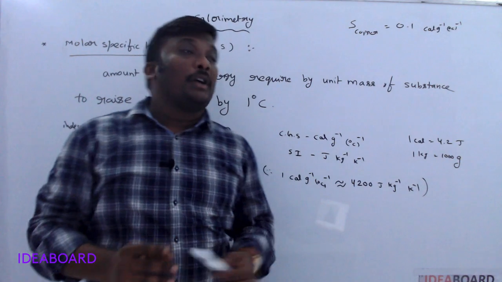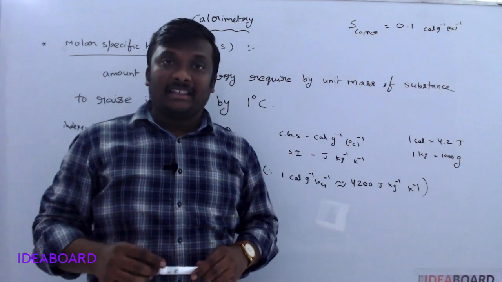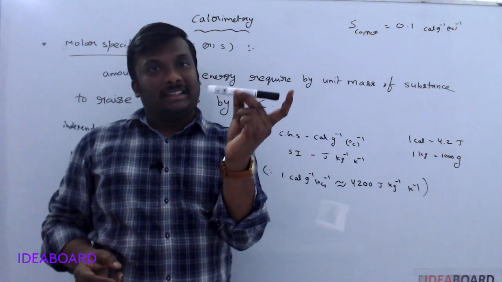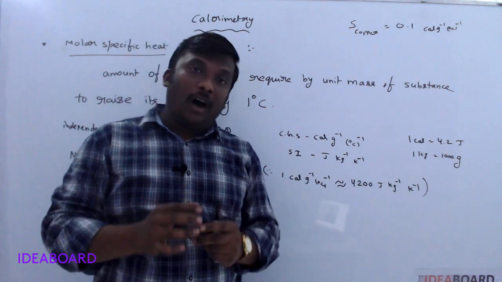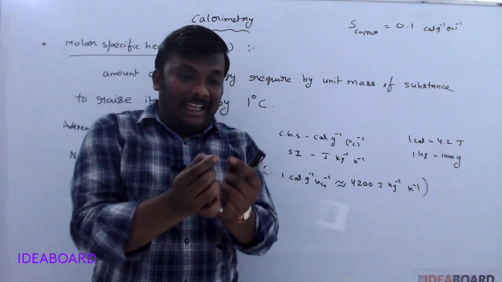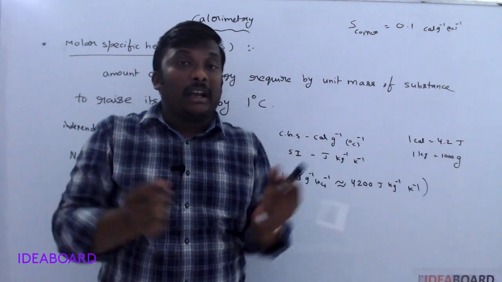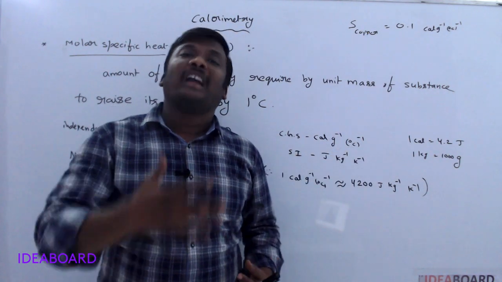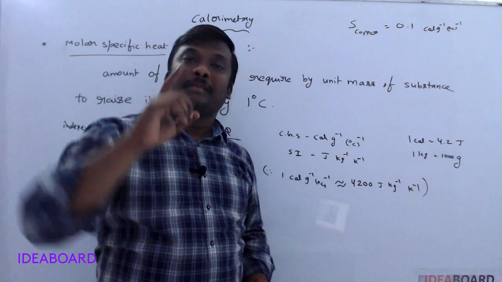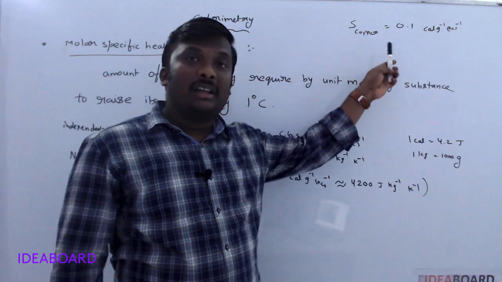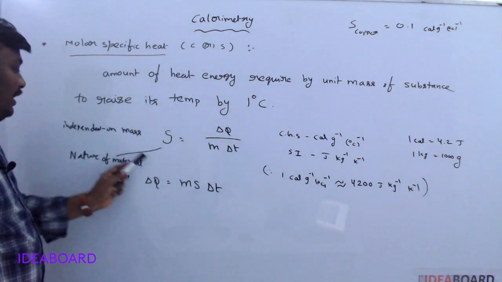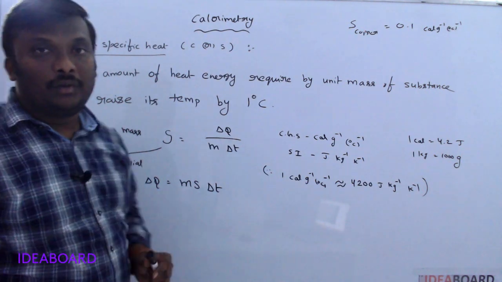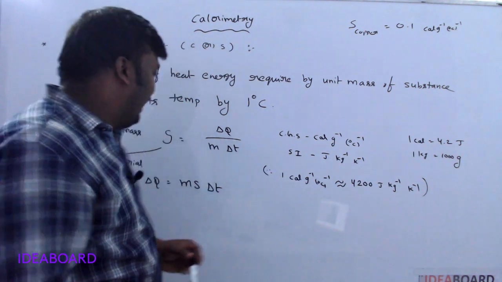Copper has a particular specific heat, which indicates that if I make copper in the form of a cylinder, or a bottle, or take one copper wire or copper calorimeter, whatever you take, if it is made of copper, it always has a constant value. So it depends on the nature of the material.